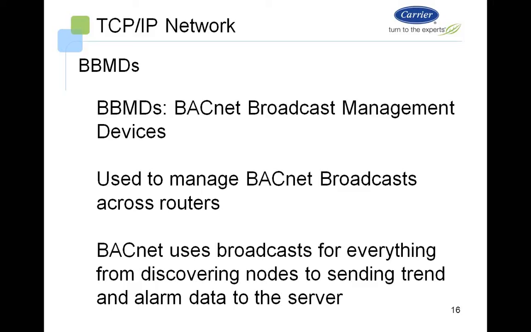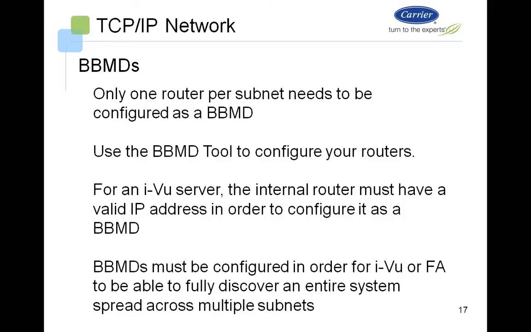When you're using BBMDs, you only need to have one BBMD master per subnet, and this will typically be a router. And to set up the BBMDs, you use the BBMD configuration tool to enter the applicable data into the routers on these different subnets.